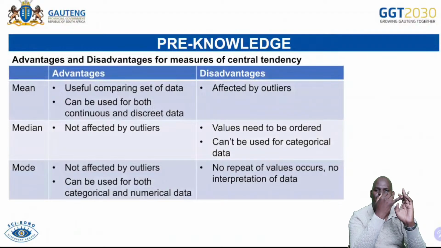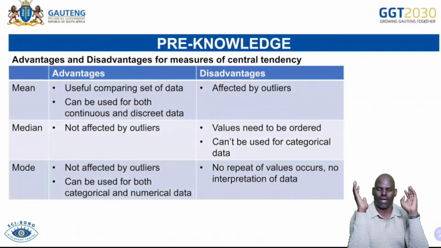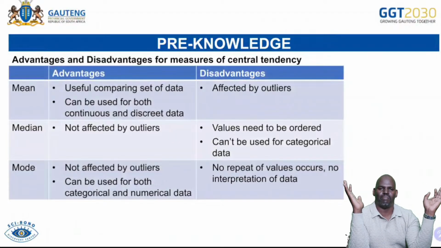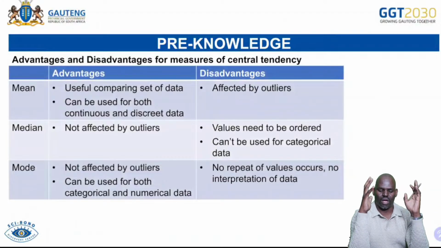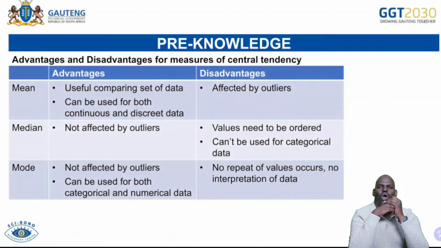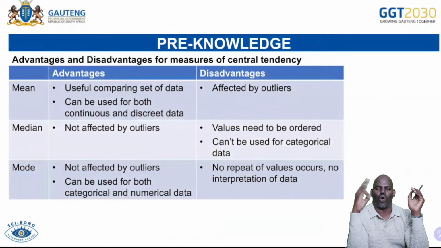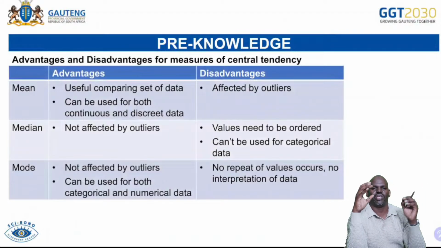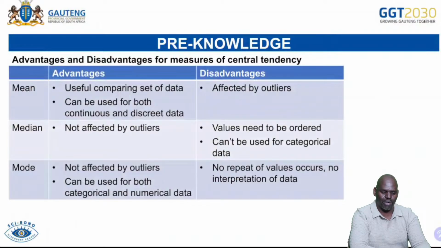Maybe the first question might say 3.1, determine the median, 3.2, determine the mode, and then 3.3, determine the mean. After you have calculated, the examiner will say, which one of the three will best describe the data that would be given?